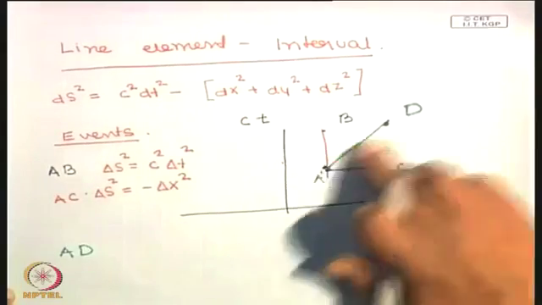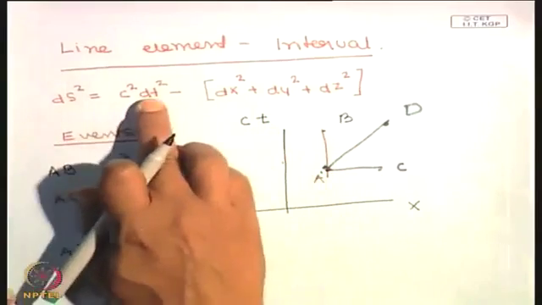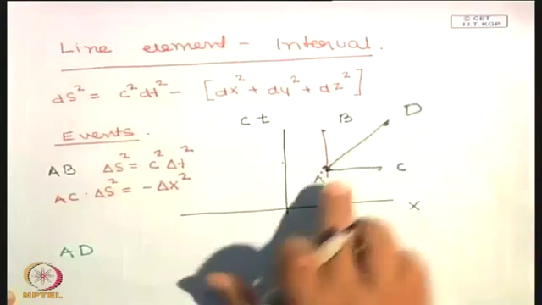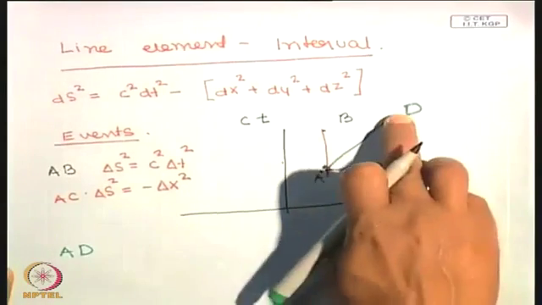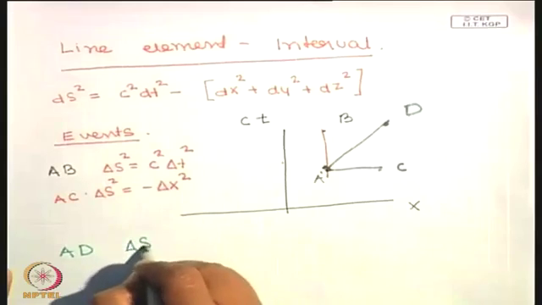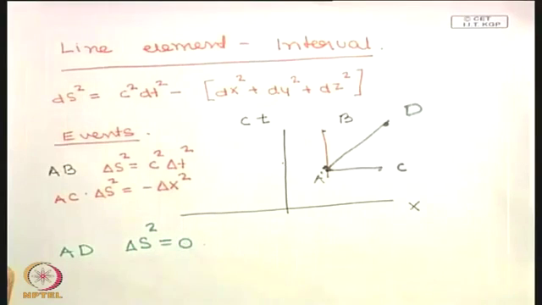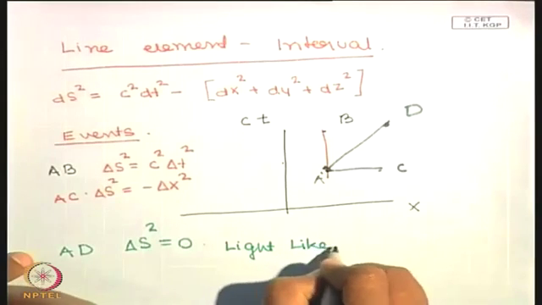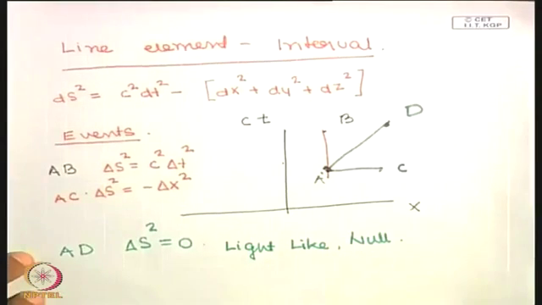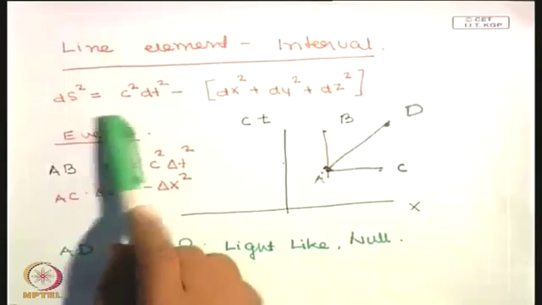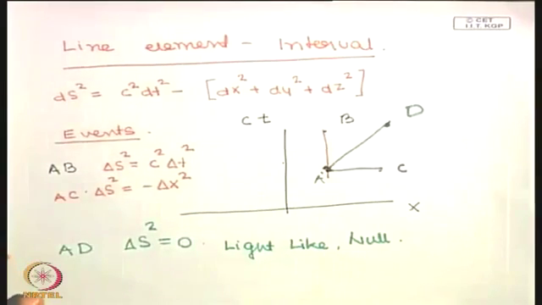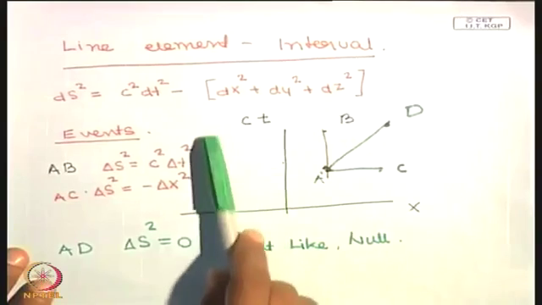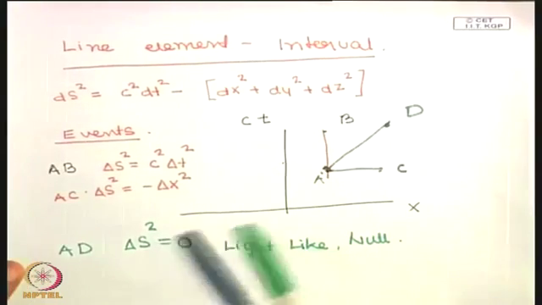Now, since it is moving at the speed of light, delta x is equal to c delta t. So, for these two events, which is basically the propagation of light from here to here, delta S square is equal to 0. Okay, these are said to be light like or null. So, along the propagation of light the interval is 0, and the interval plays a very important role in special theory of relativity. Its value does not change even if I go to a moving frame of reference.